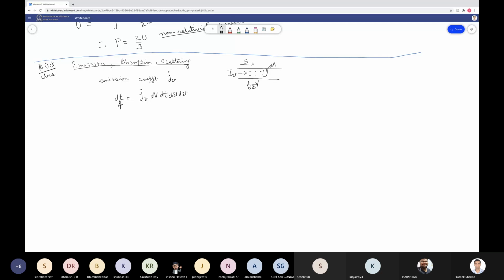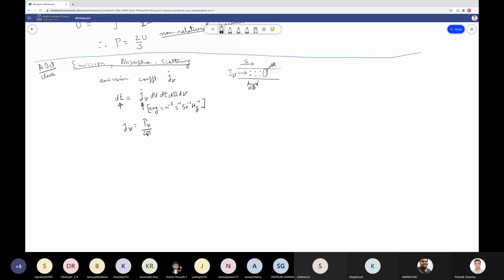So J nu is energy, and the units of J nu are erg per centimeter cube per second per steradian per hertz. Right, so this is the emission coefficient. If you have an isotropic emitter, then J nu is nothing but P nu by 4 pi.